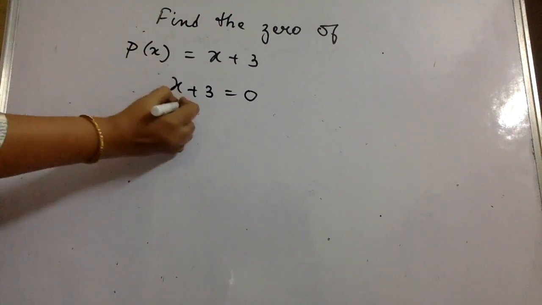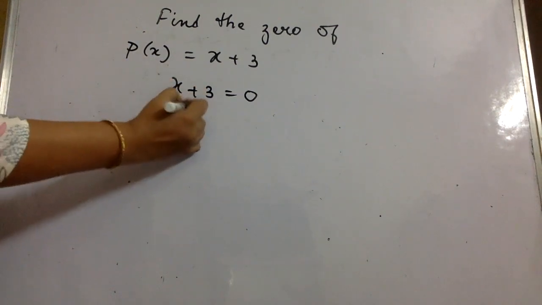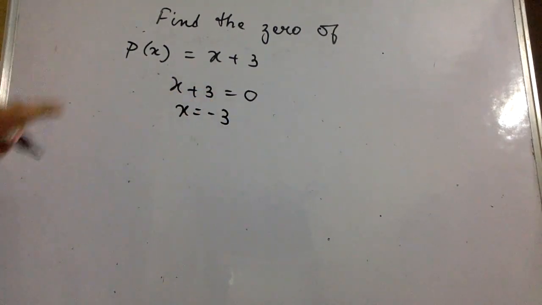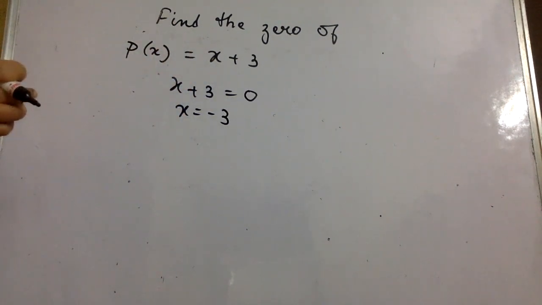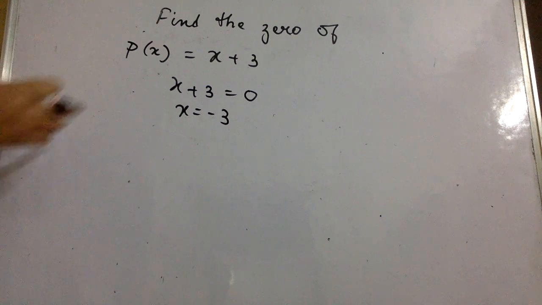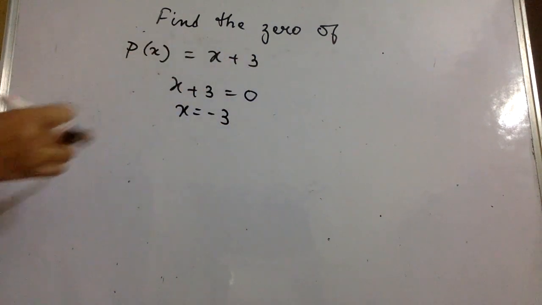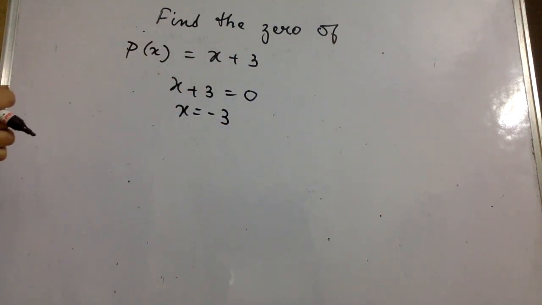So here this forms a linear equation. So x is equal to minus 3. Now you can see for yourself, x is equal to minus 3, if you substitute here, then you get the value of this much part as 0.